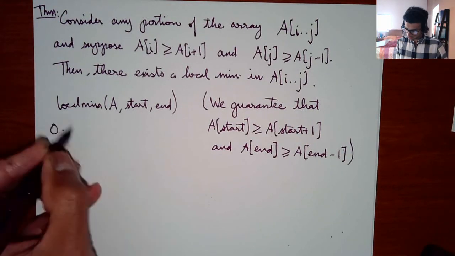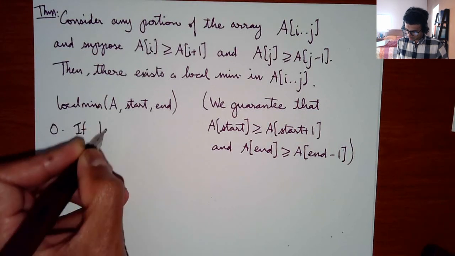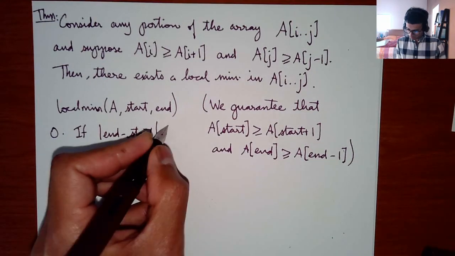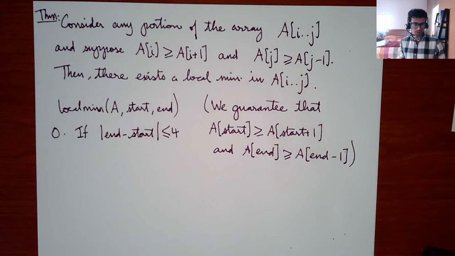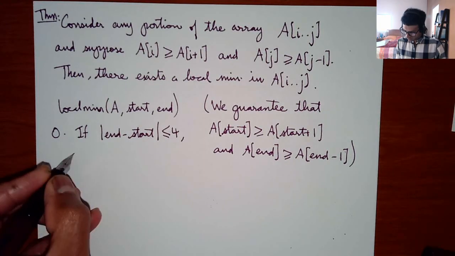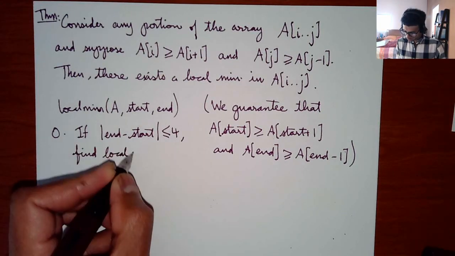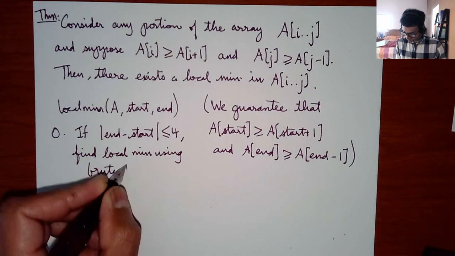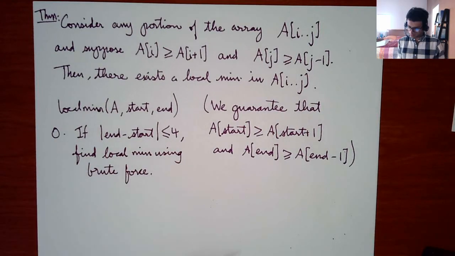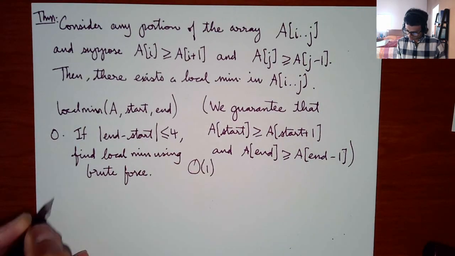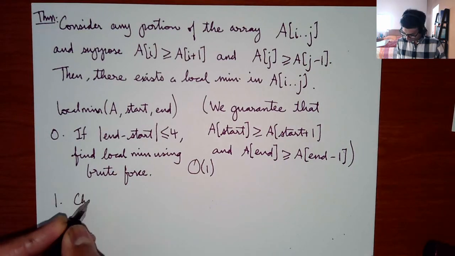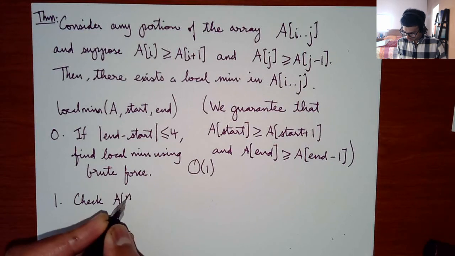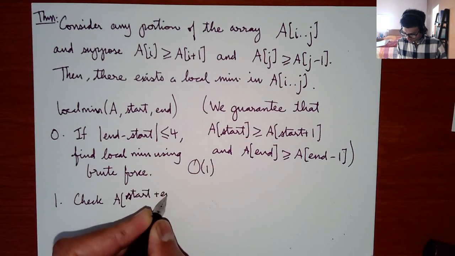For the base case, I'll just say that if end minus start is less than 4, where 4 is just an arbitrary constant, then find a local minimum using brute force, which you can do, right? Because it's just 4 elements, so this is O of 1. Then check A of start plus n divided by 2.